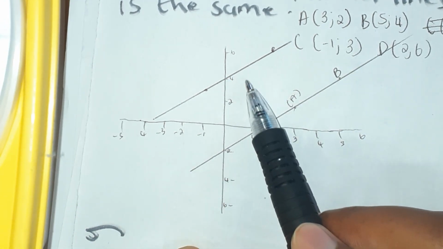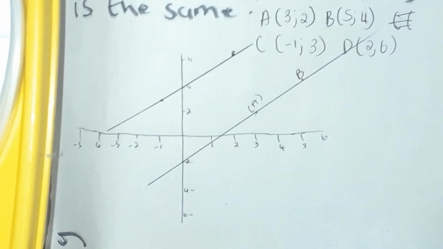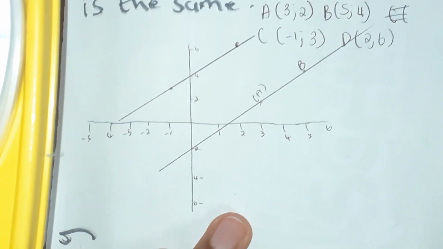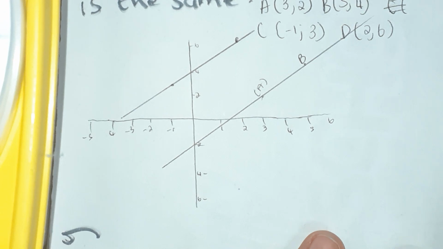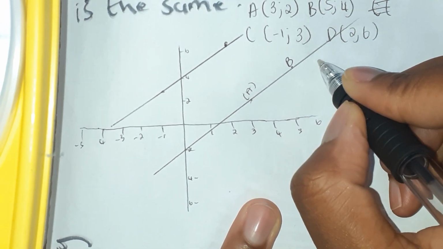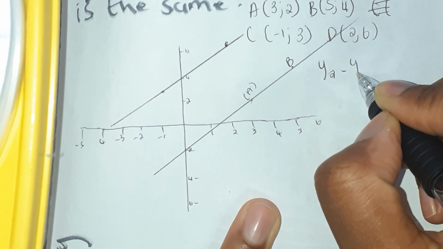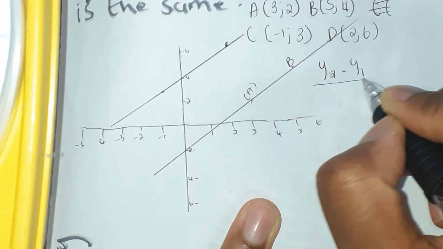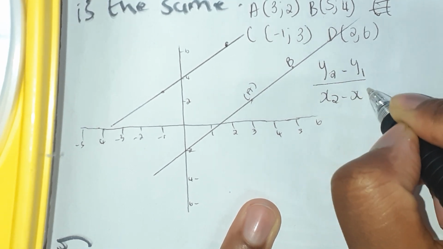Now, to prove that lines are parallel, if you are given that question, their gradients have to be equal. Now, what is the equation of the gradient? That is y2 minus y1 over x2 minus x1.